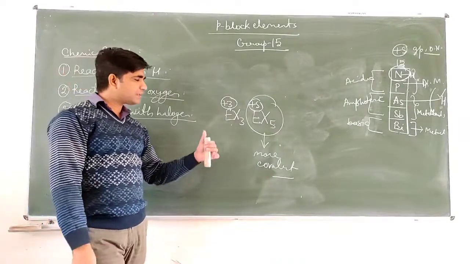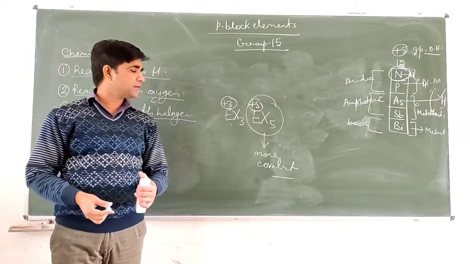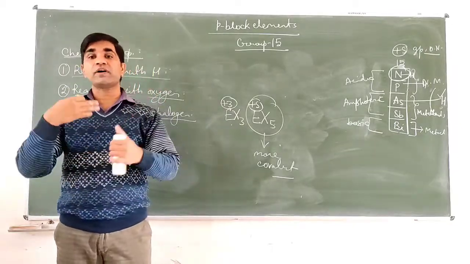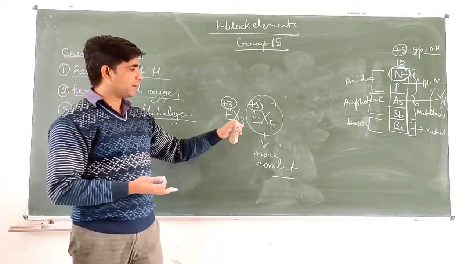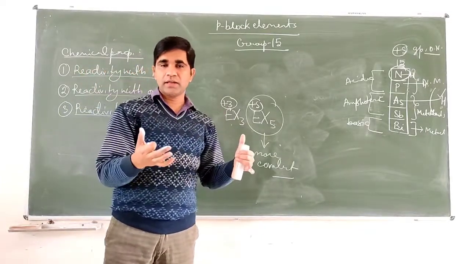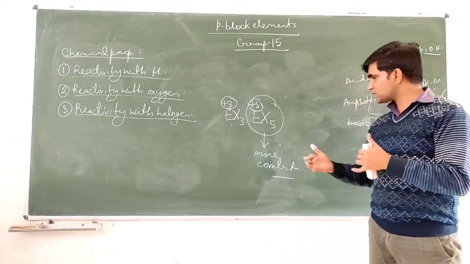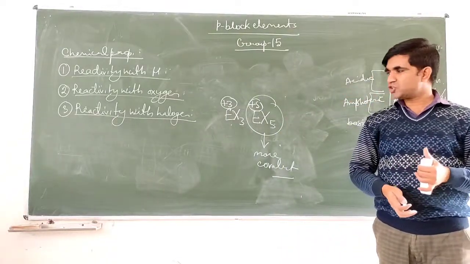Clear? The reason behind this: whenever a pentahalide has to be formed, it is very difficult for the element to lose 5 electrons. So what is the easiest way? To share the electrons. And if a bond is formed by sharing of electrons, then it is covalent in nature.